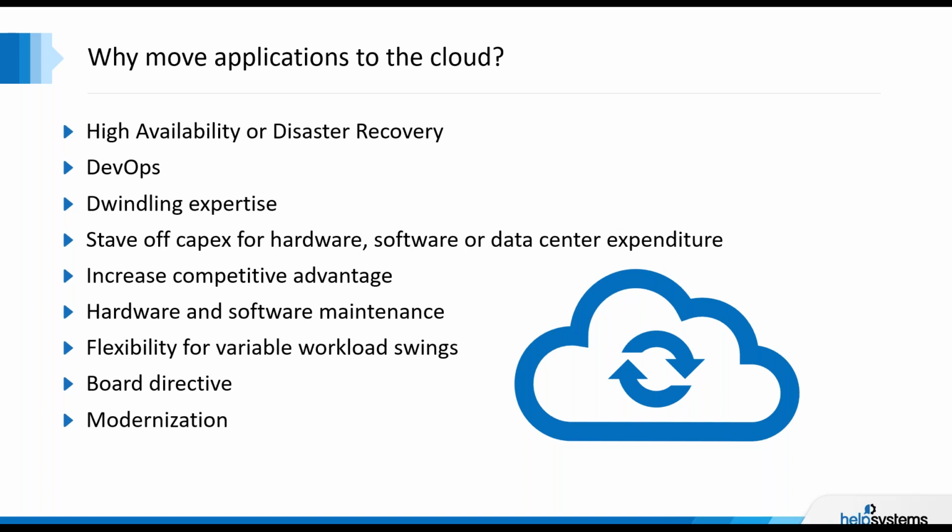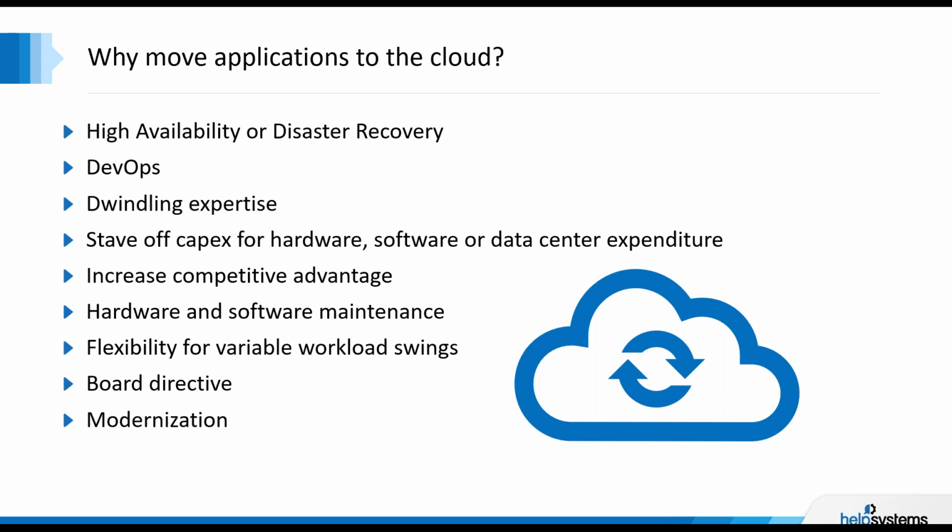DevOps: this has gained in popularity over the last 5 years, and having the ability to quickly spin up a cloud-based LPAR, snapshot it, conduct tests, and revert that snapshot again and again is really worth its weight in gold.